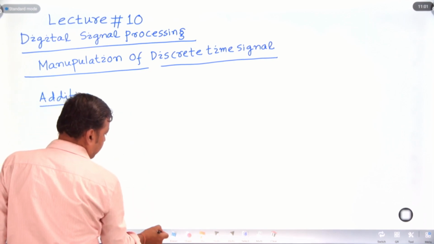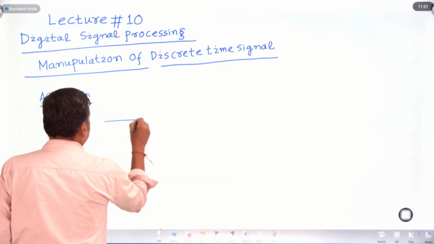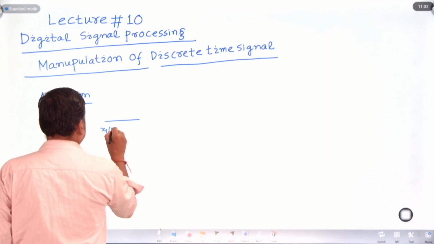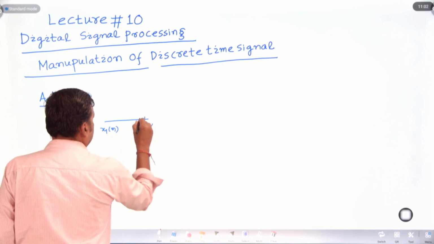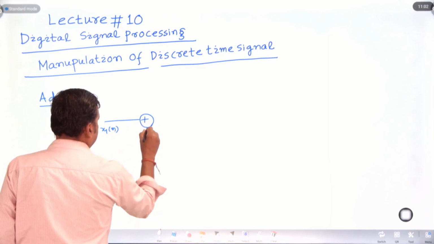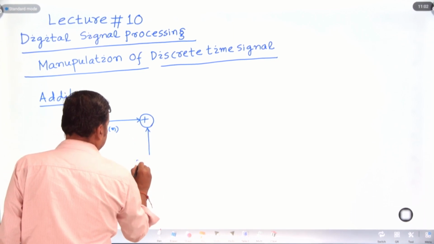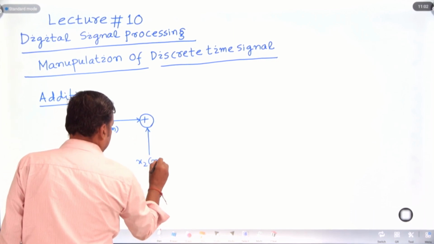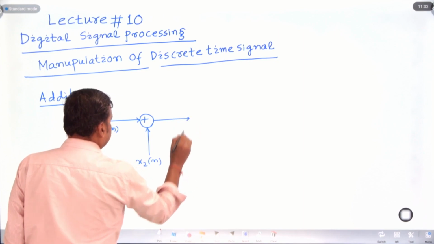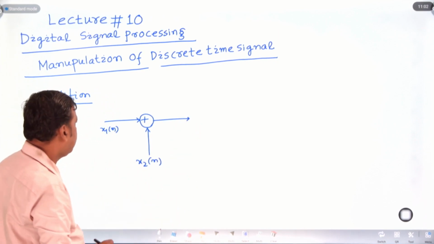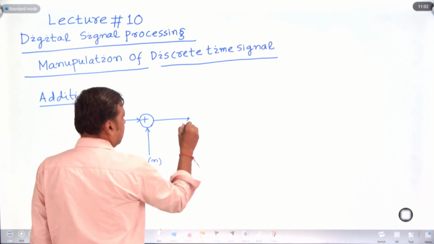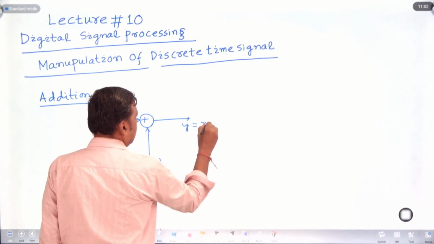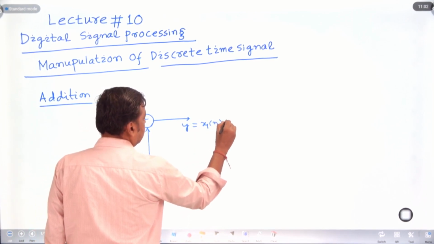one is x1 of n, and you add another discrete signal x2 of n. If you add the two discrete signals x1 of n and x2 of n, let y equal x1 of n plus x2 of n.